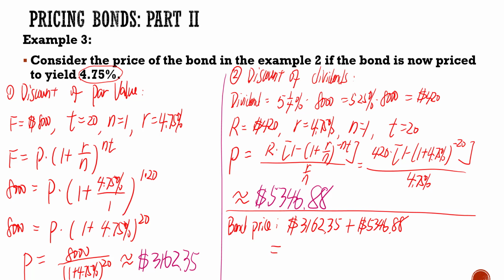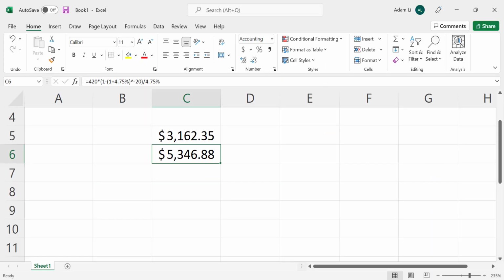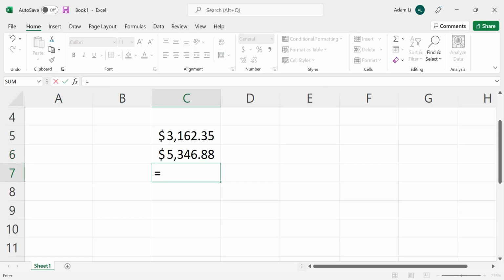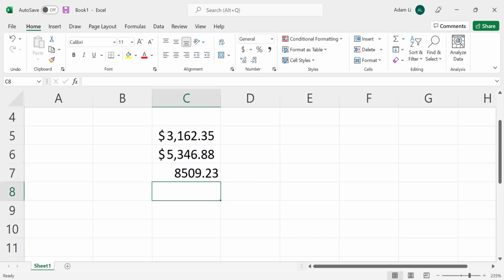So total bond price, let's see, $3,162.35, adding $5,346.88. Okay, the total is $8,509.23.